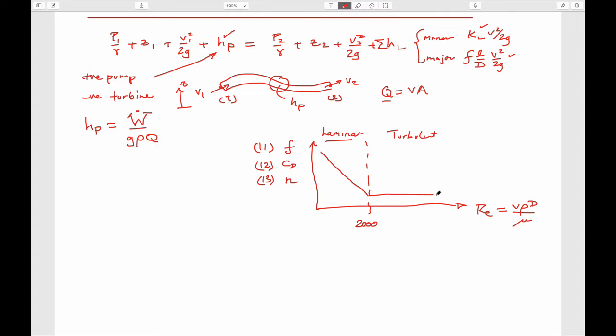And the important difference, I guess, between these regimes is that the friction factor is constant. These are values for relative roughness. So this is equal to roughness. Relative roughness is epsilon, roughness, over diameter.